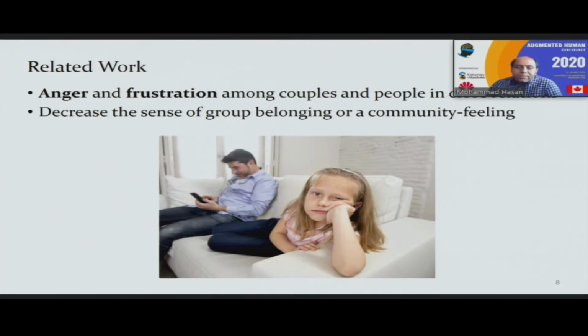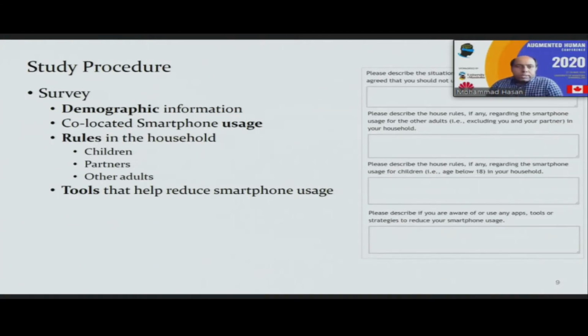Though there is significant evidence indicating the overusage of smartphones, there is very little known about what rules and tools people commonly use to reduce their co-located smartphone usage behavior. So in this paper, we attempted to move in that direction, and we conducted a crowdsourced survey examining users' smartphone usage rules and tools to limit their smartphone usage in presence of their family members.